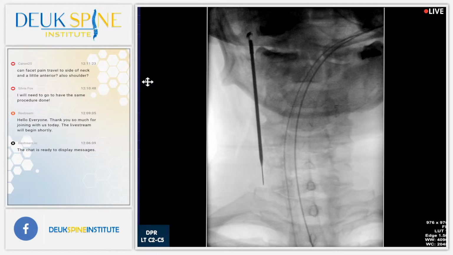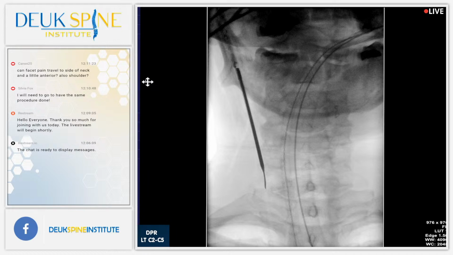So the effects are always temporary with RFA. And we use a wanding technique where we actually wand and move our wand, for lack of a better word. We move it to make sure that the pain nerve is cut.